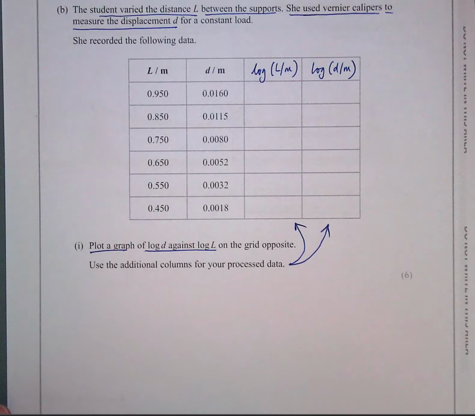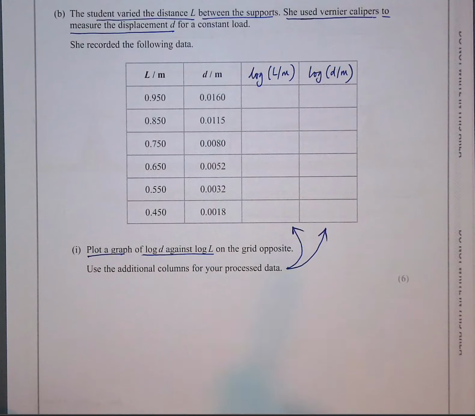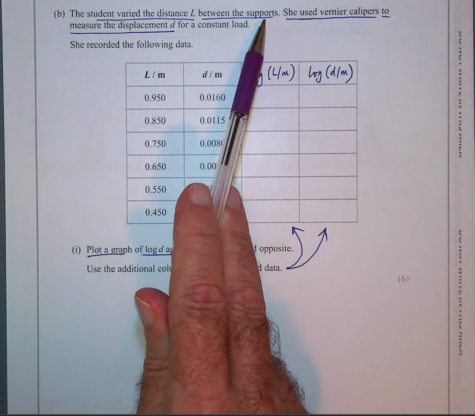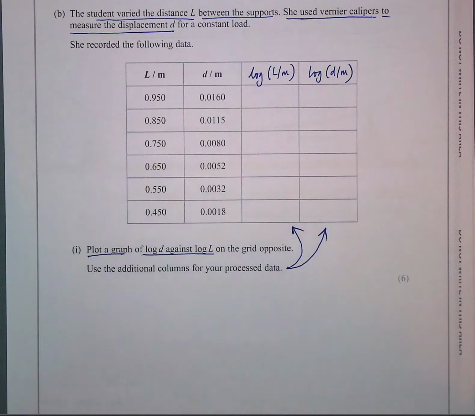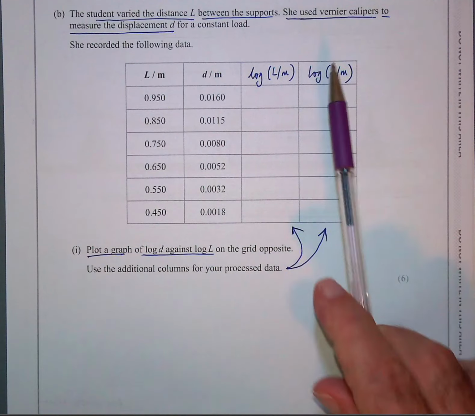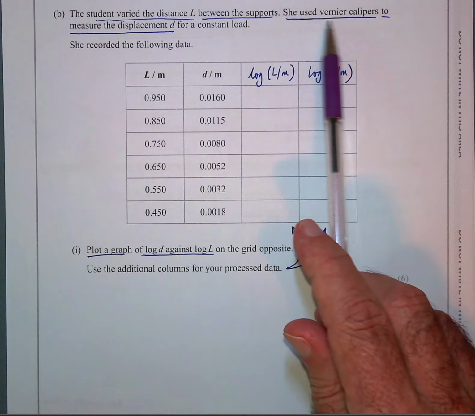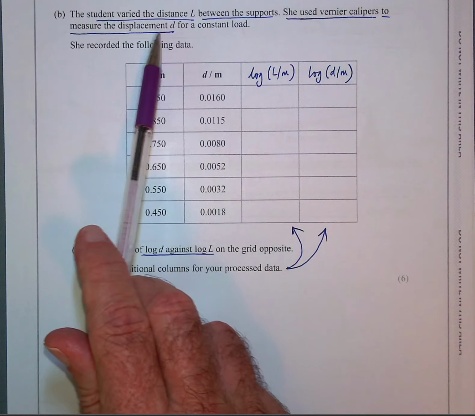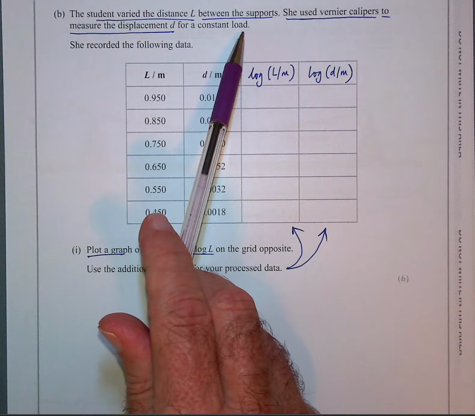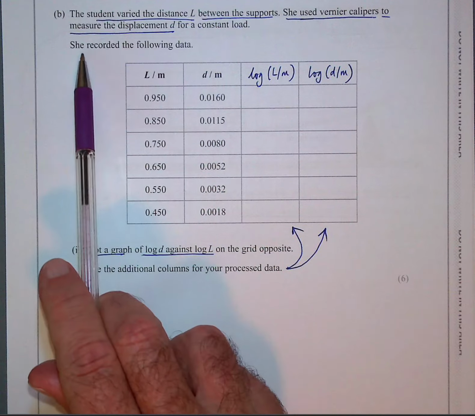3B is then: the student varied the distance L between the supports. So change the distance between the supports in the question. We can have a look at that if you need to. And the student used vernier calipers to measure the distance d for a constant load. She recorded the data.